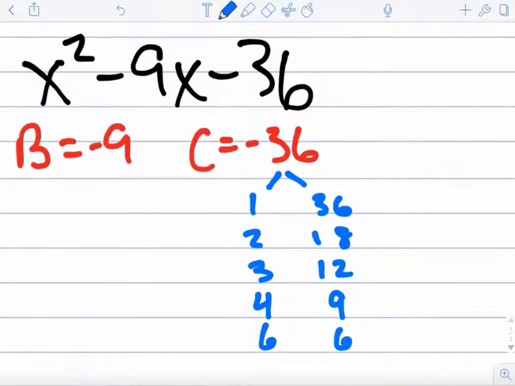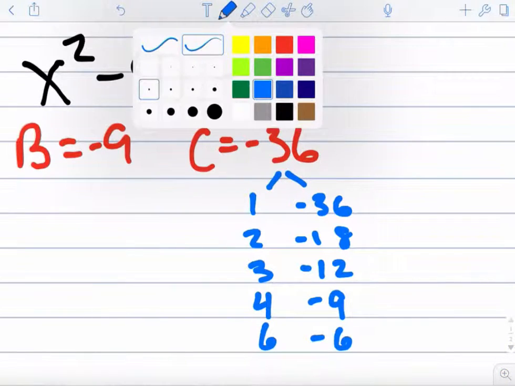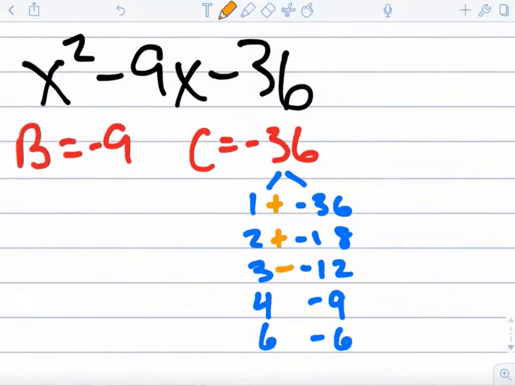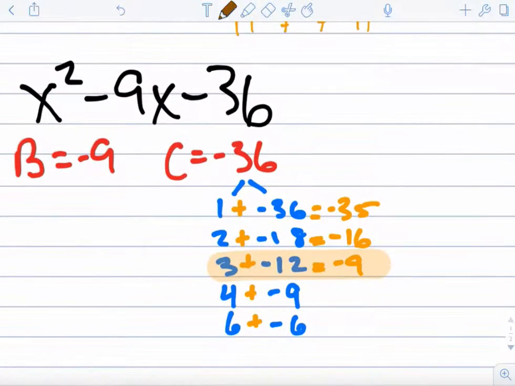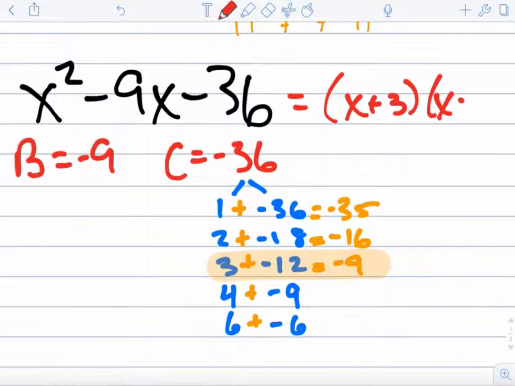Because the sign is negative here, the larger ones have to be negative. If I figure out the sum of each of those, it will answer my question. I get negative 9 when I do 3 plus negative 12. So I can factor this as x plus 3 and x minus 12.